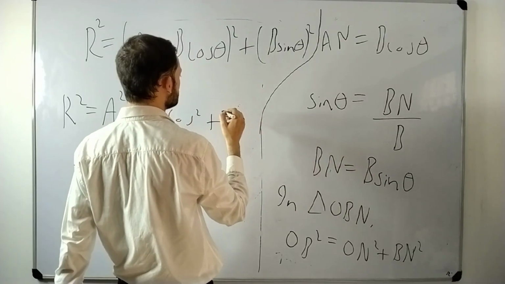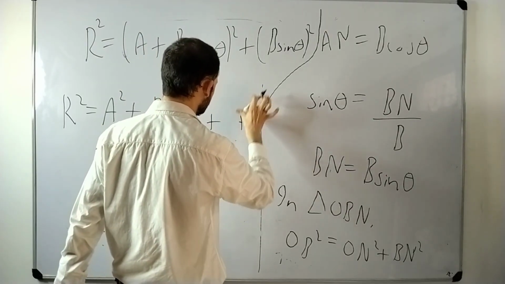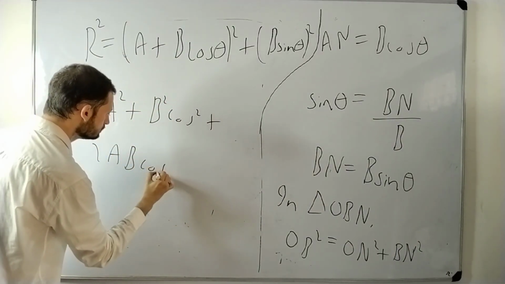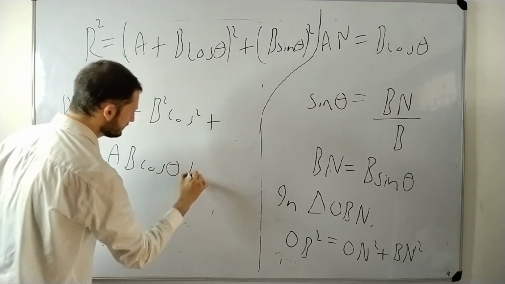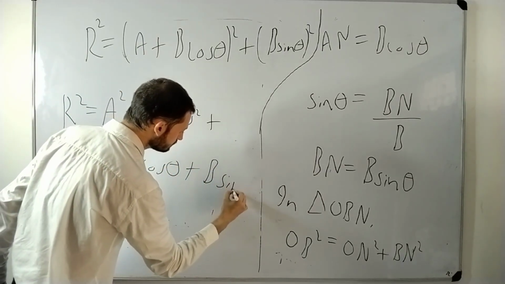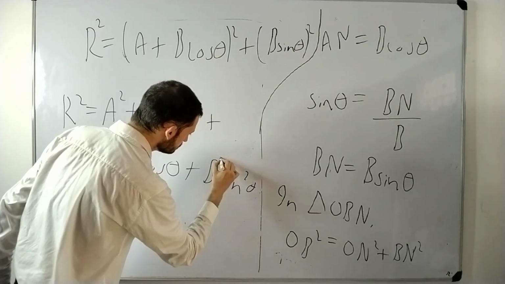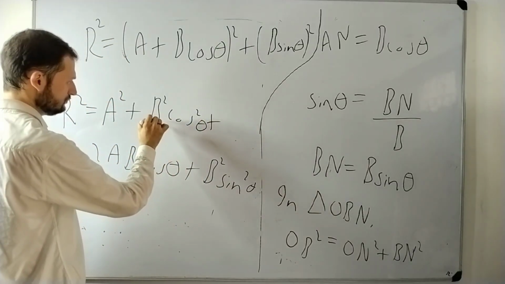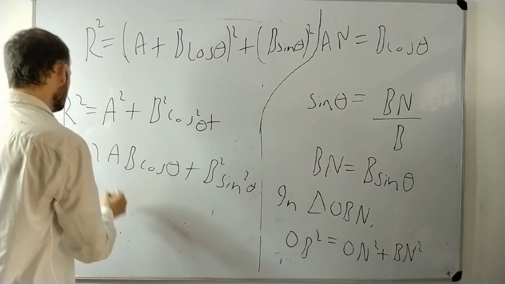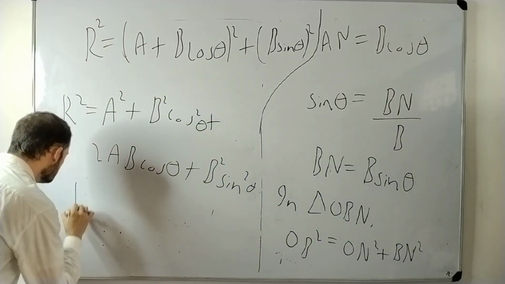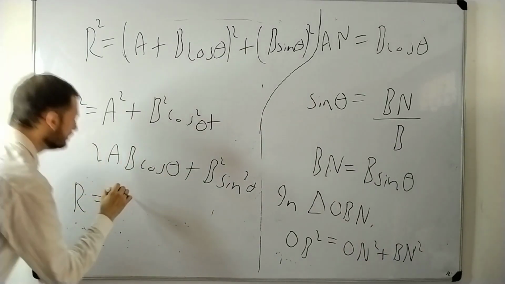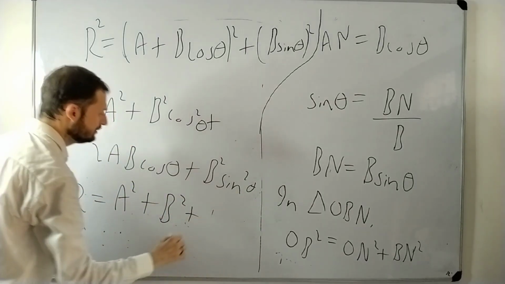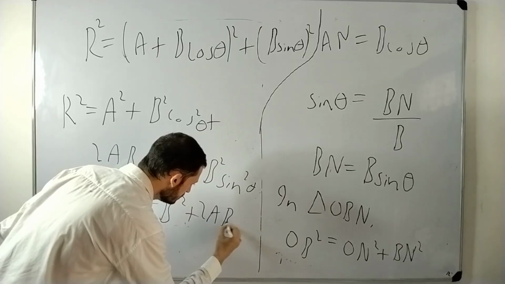Not here, I should write 2AB here. Yes sir, 2AB cos theta. Right now, students? Yes sir. Plus B square sin square theta. Now what is the thing here? B square cos square theta and B square sin square theta give B square. So I would write A square plus B square plus 2AB cos theta.